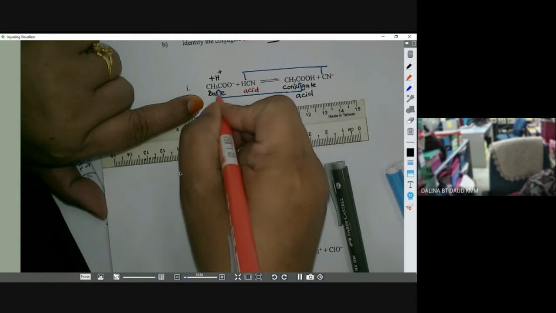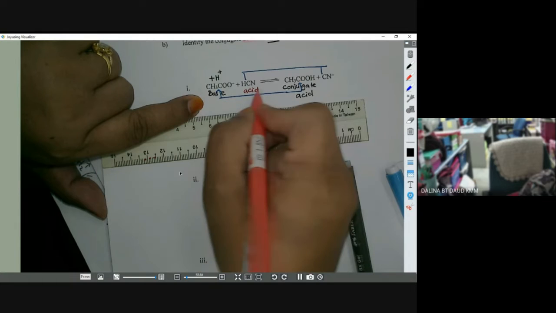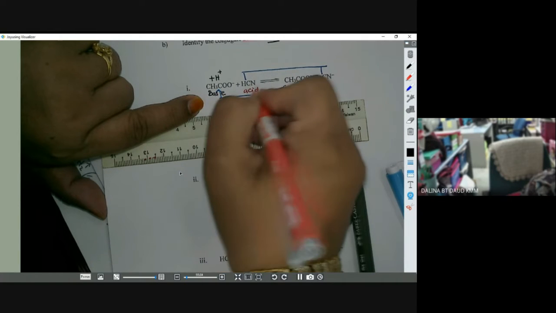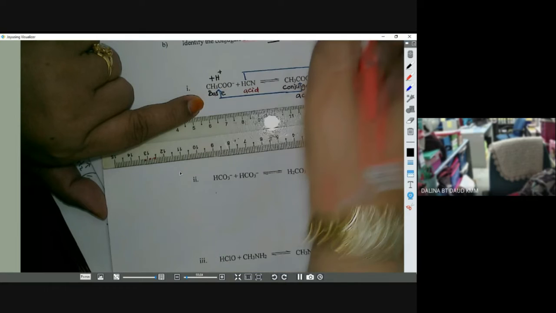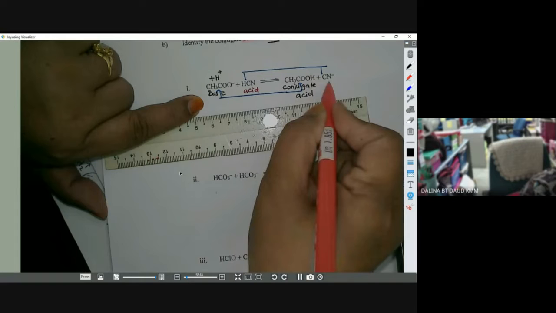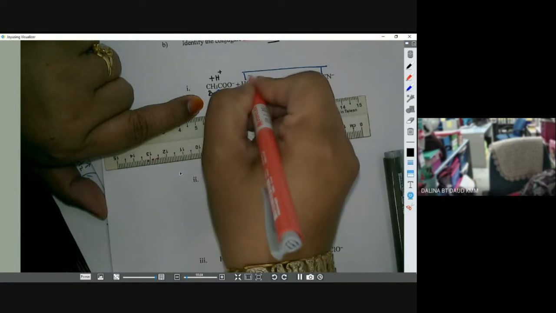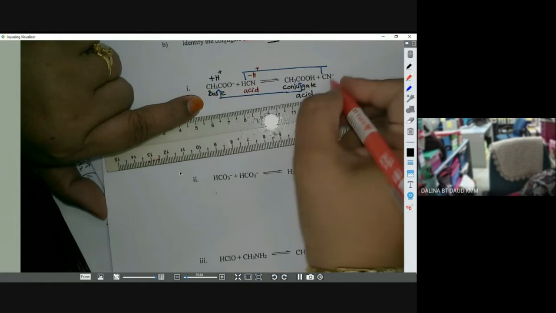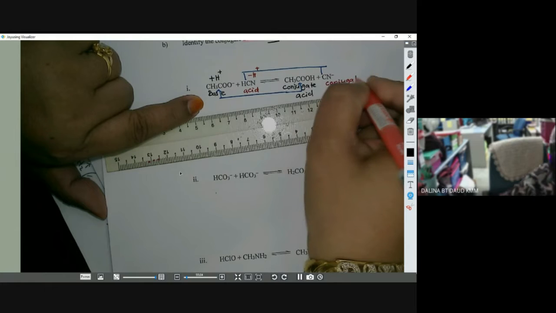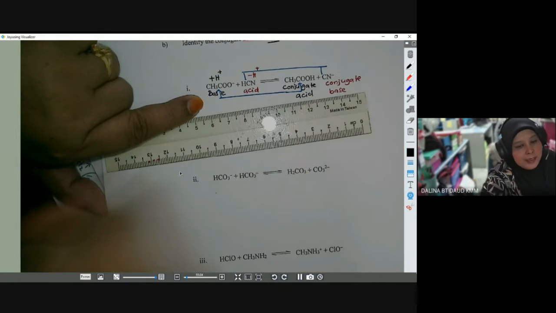So this is acid. So automatically tengok dia ini dia donate H+. Tengok pasangan dia telah hilang H+. So this is donate H+. So automatically this is conjugate. Conjugate tu hasil dia. Conjugate base. Okay. Ada apa-apa nak tanya?